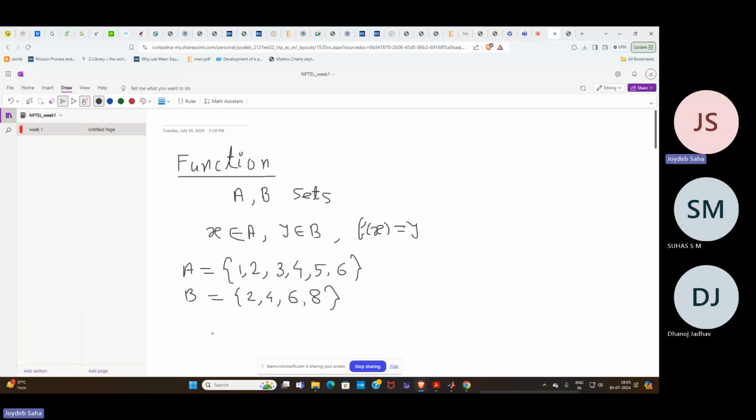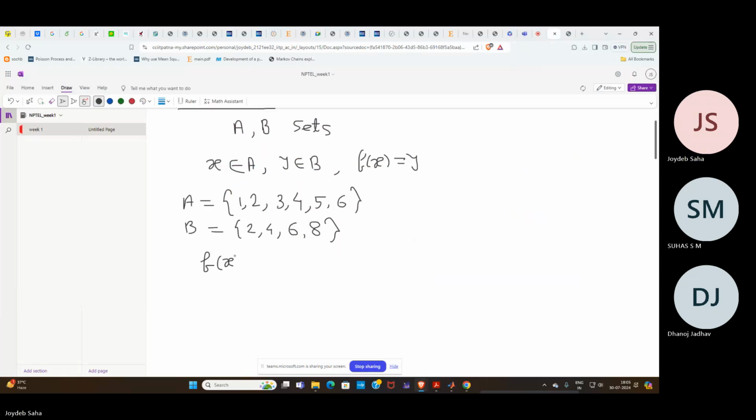Now if we say that f of x is equal to 2x, or y is equal to f of x is equal to 2x.